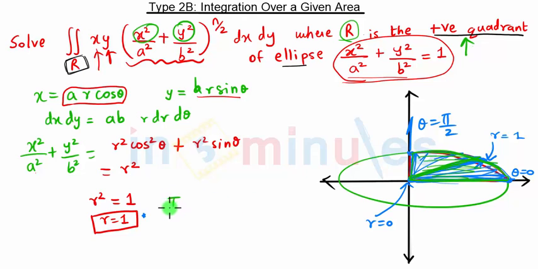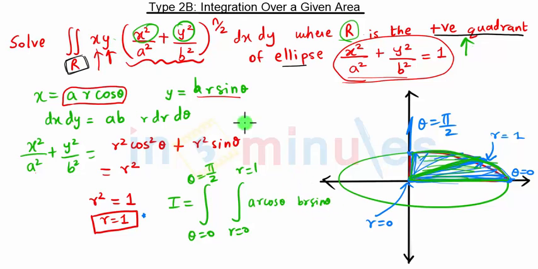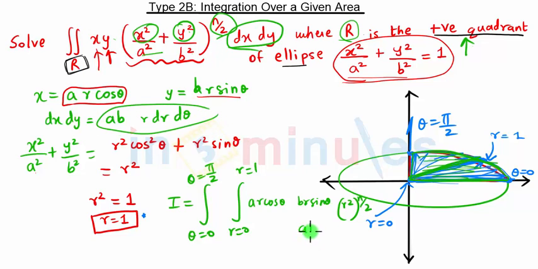So our integration becomes the integration of theta going from 0 to pi by 2, r going from 0 to 1. Then x is a r cos theta, y is b r sin theta, and x square upon a square plus y square upon b square is r square, the whole raised to n upon 2, into dx dy, that is a b r dr d theta.